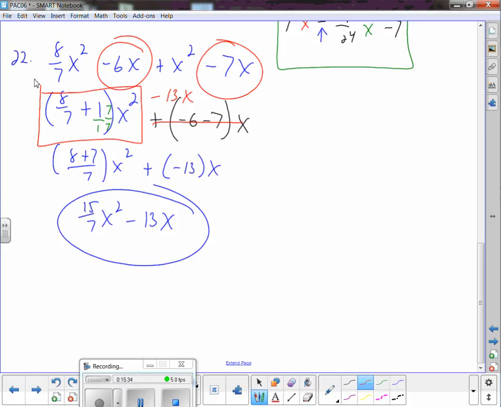No need to do the parentheses when it's just whole numbers, right? A negative 6 of them and 7 more negatives of them is 13 negatives of them. And we could have just done negative 13x all the way down. Follow? Makes sense? Again, the fractions we got to deal with because we got to get those common denominators. But the whole numbers we know how to do, and we can just add them up like regular.